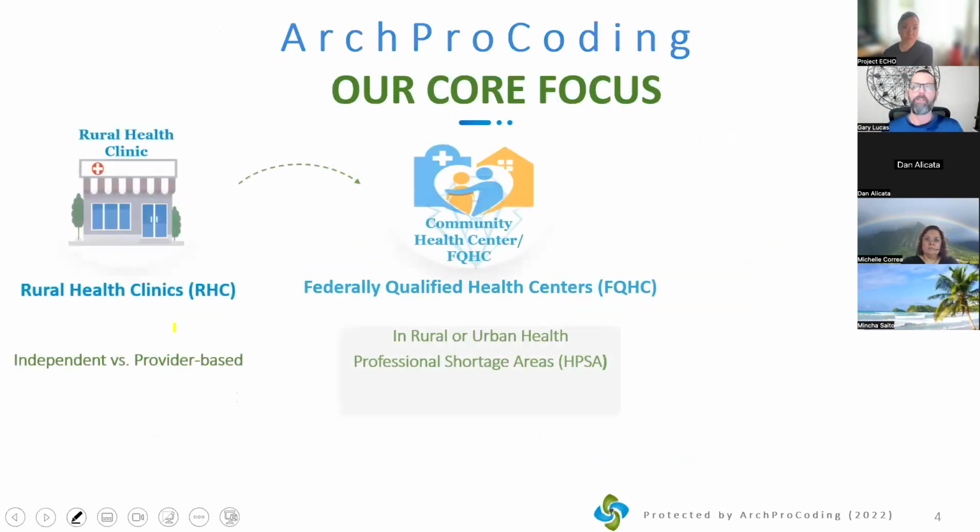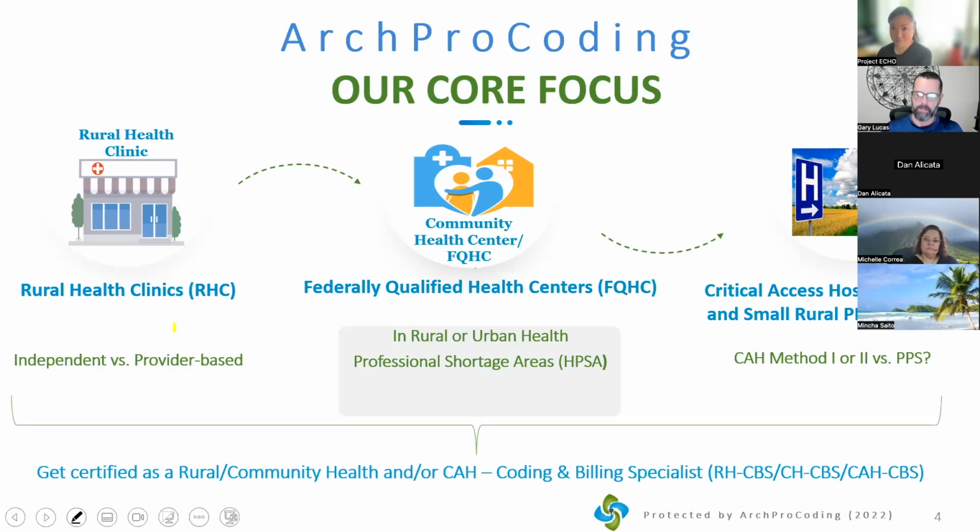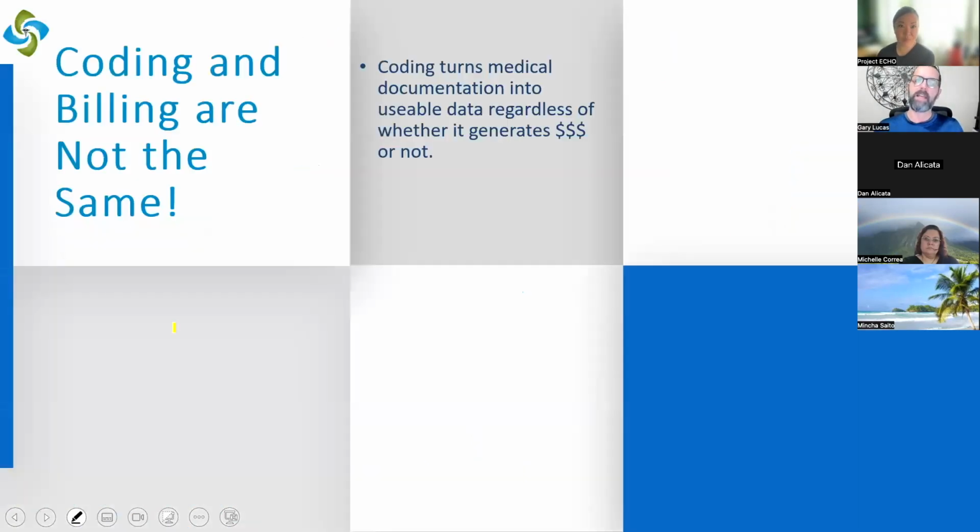So the core focus that we have here at Archprocoding, the ARCH stands for the Association for Rural and Community Health, and my 27 years in the industry, being able to teach in 49 states, our focus is on the rural health clinics, FQHCs, and critical access hospitals. And so to the point that we are discussing today, documentation, coding, and billing at a high level, especially if we have any clinical folks there, we do want to make a very important distinction that coding is actually turning medical documentation into usable data.